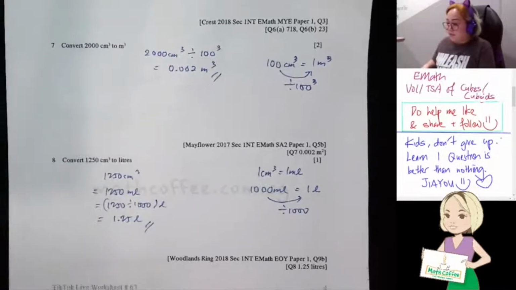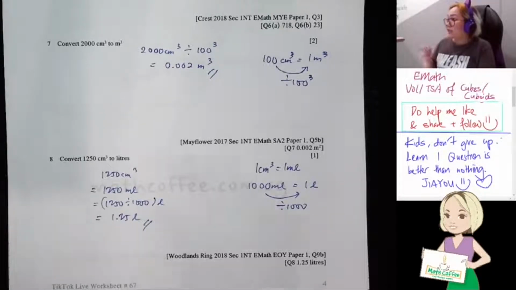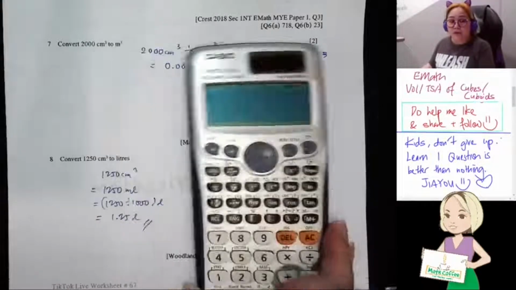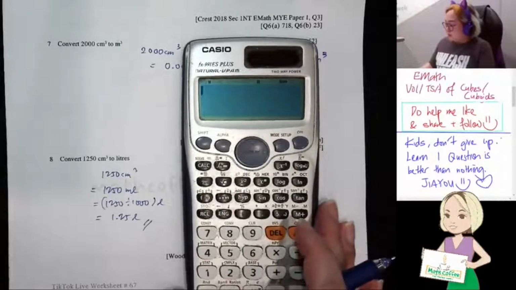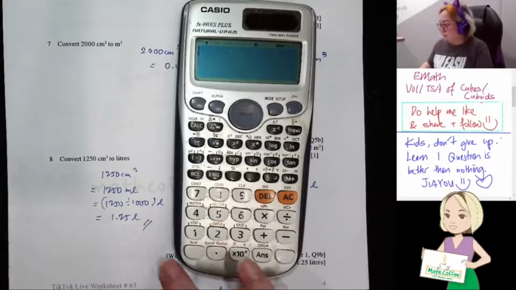And just sidetrack a little bit about standard form. Some students, when they do standard form, do not know about this button here, the times 10 to the power of something.